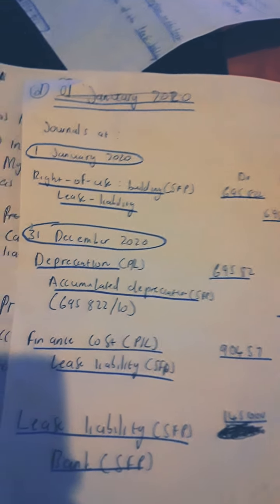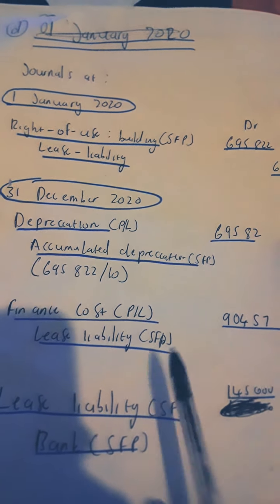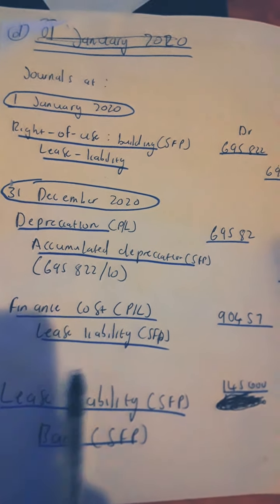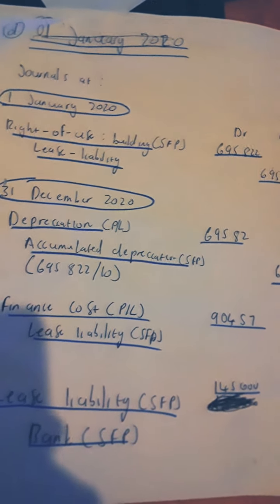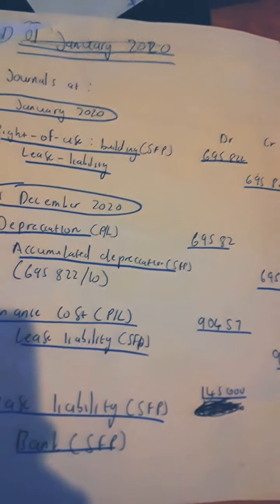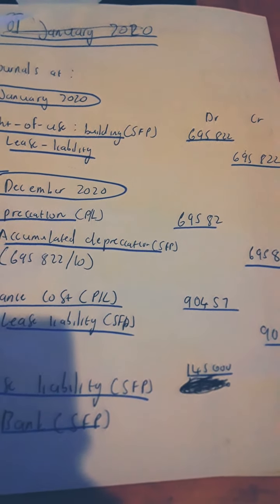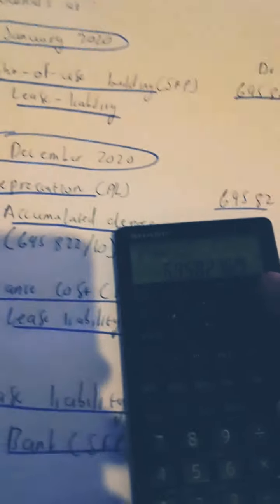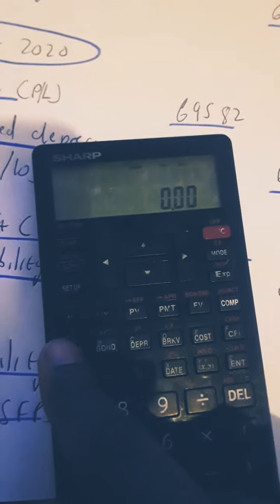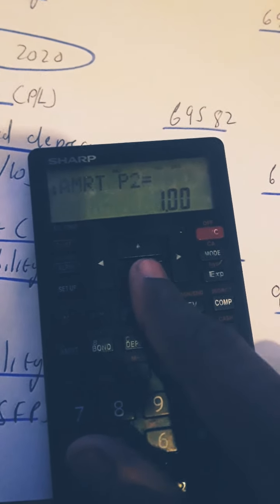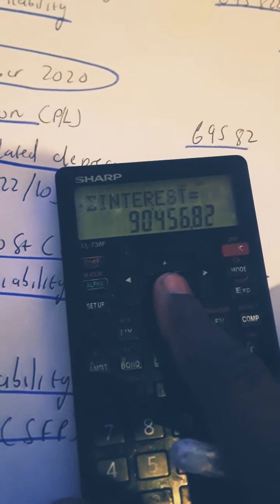And from your financial calculator, if you do your amortization, this is where you're going to find your financial costs, where we debit your financial cost to the statement of profit and loss and your lease liability to the statement of financial position. Now, this one is quite easy because if you have a calculator like this, you just go and do your amortization, and you see interest.